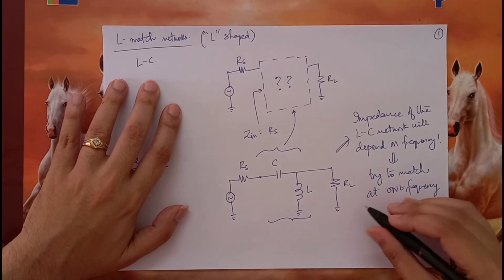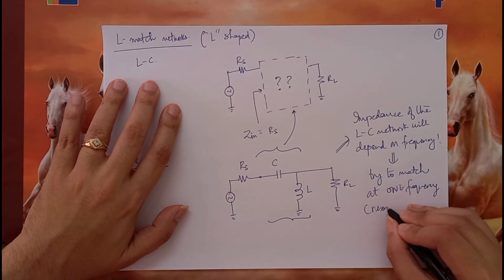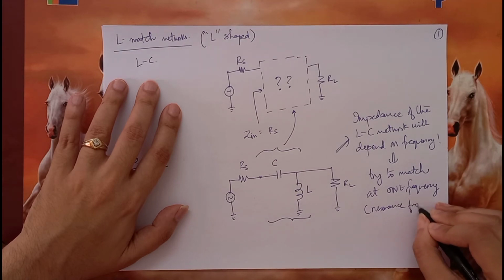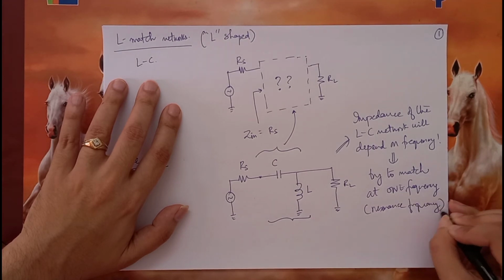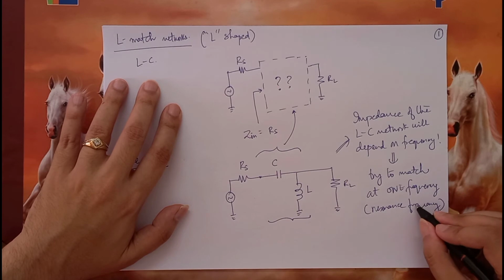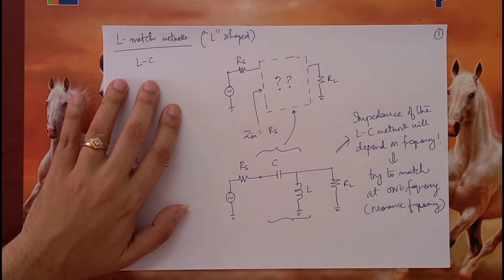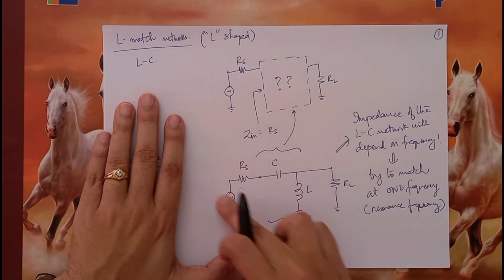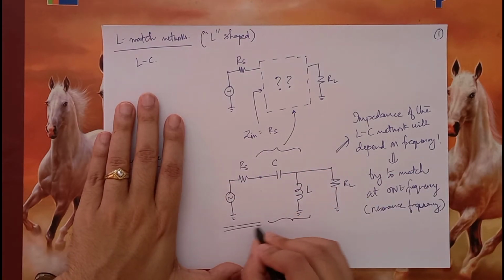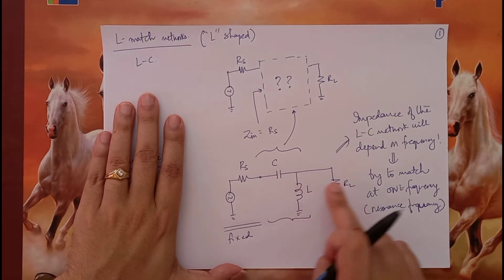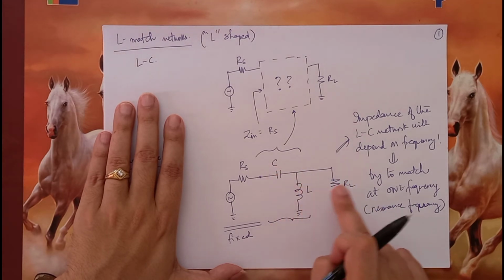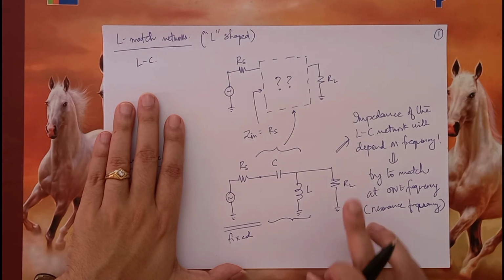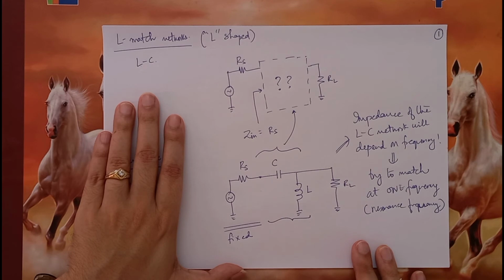That is the resonance frequency. So this part of the network is fixed, the source and the source impedance. Now we have some kind of a C, L and R network, and we have to hunt for that resonance.